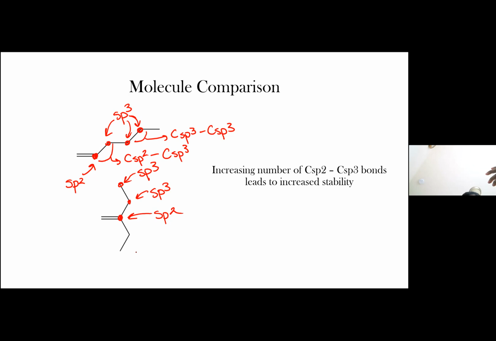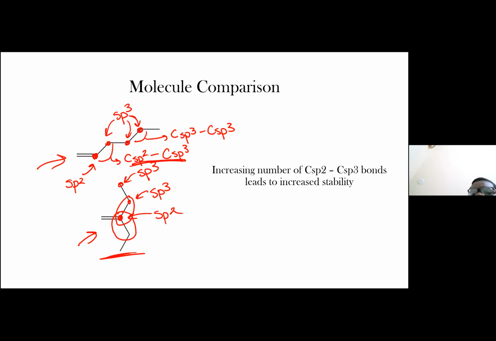Let's bridge together all of these ideas. Having more s character makes you more stable. And by adding more alkyl groups, you're increasing the number of these Csp2-Csp3 bonds, because in this molecule down here, we now have two Csp2-Csp3 bonds compared to this top one where we only have one. And we know that the more s character we have, the more stable a molecule is going to be.